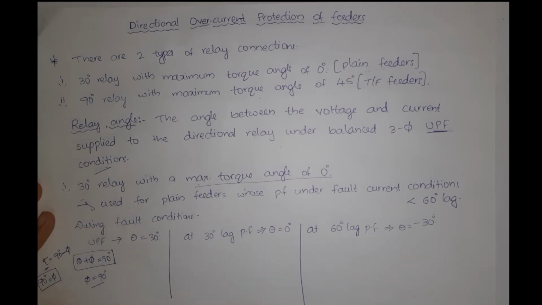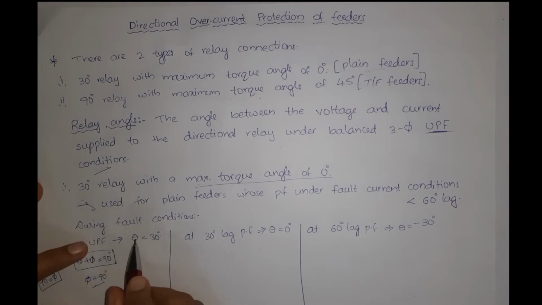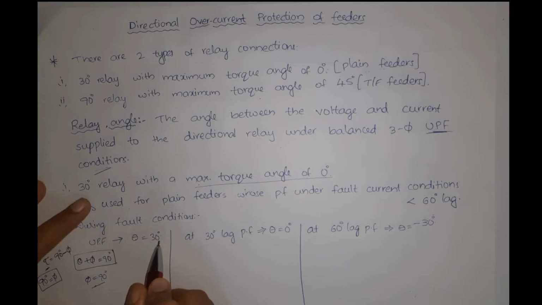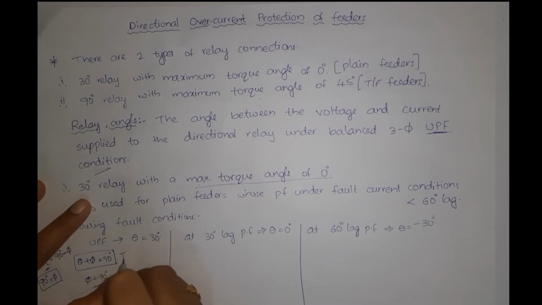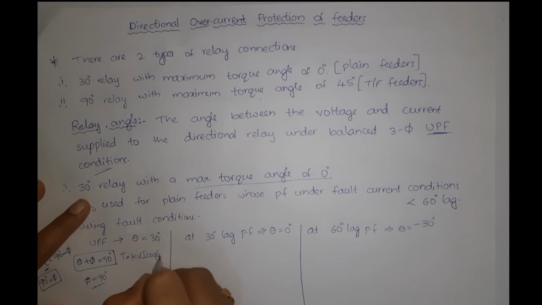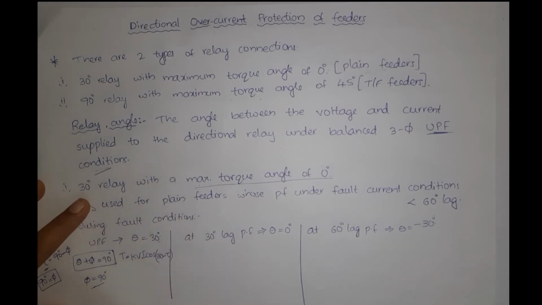Now let us see how it comes during different fault conditions. So we got phi equal to 90 degrees. Under UPF, for theta equal to 30 degrees, that is our relay angle, our torque equation comes like KVI cos(30 minus tau), right? Here tau is the maximum torque angle, which is given as 0.